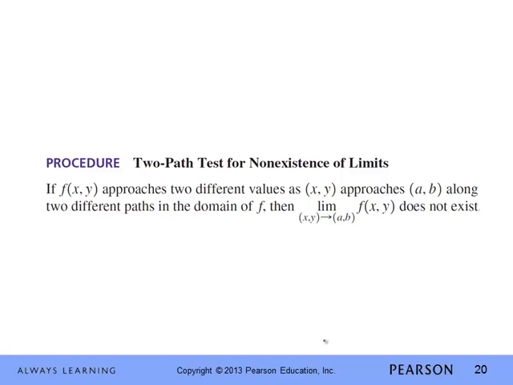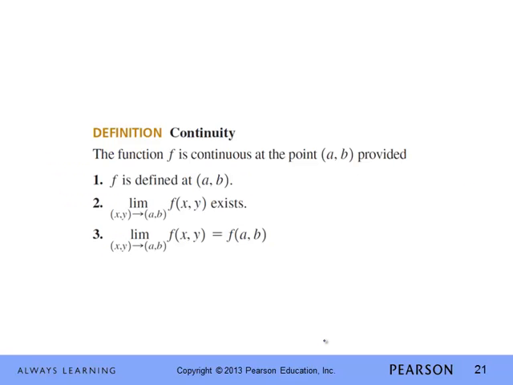So now we know how to calculate the limit and how to show that a limit doesn't exist by showing that you have two different limits along two different paths.